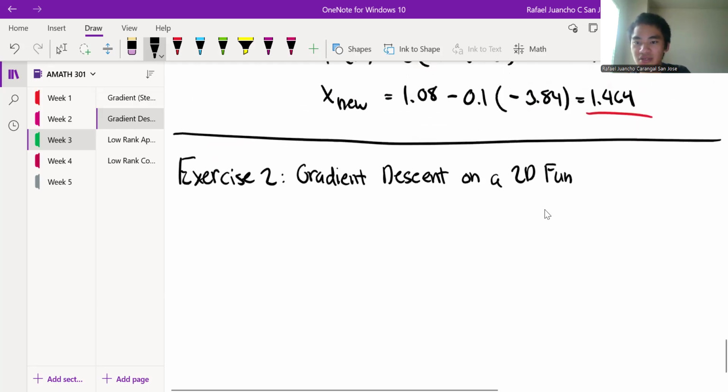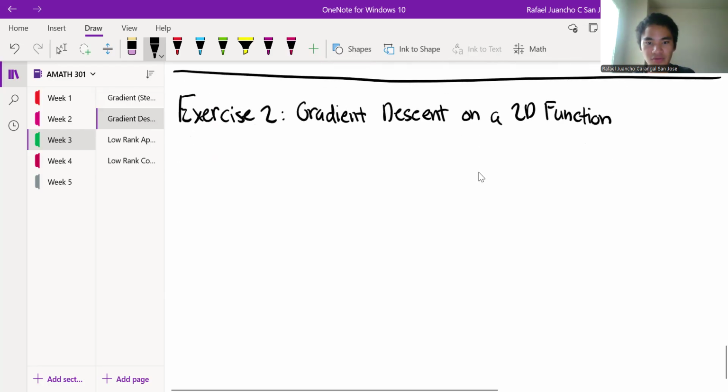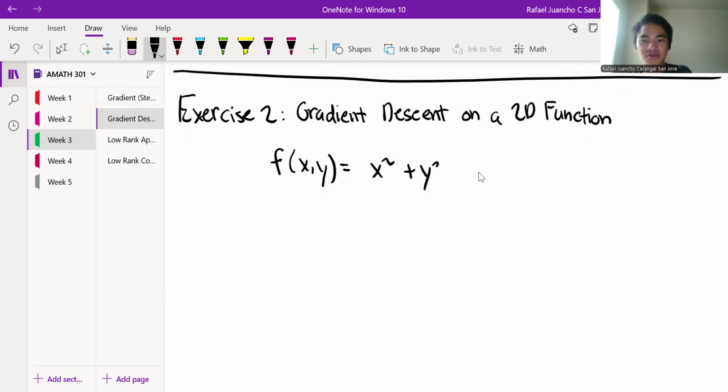So here it's not quadratic, it's 2D. So how do we do this? Well, first we need the function, obviously. So here we have x squared plus y squared. And so actually the minimum here is where? The origin, right?